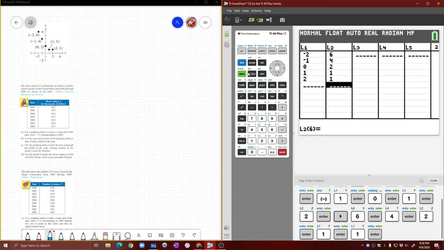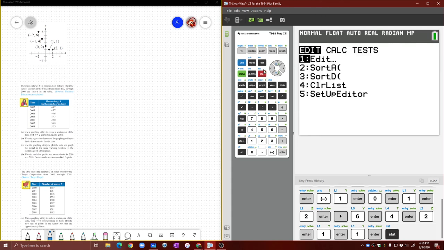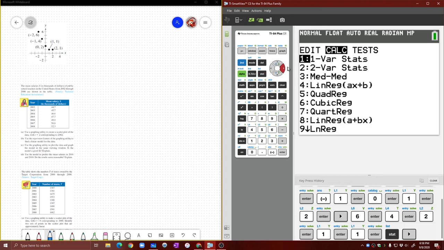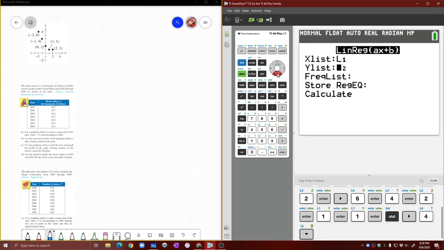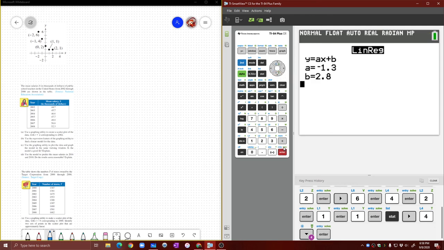So I want the line of best fit. So go to stat again, this time calc, and I want to select option number 4, linear regression. Okay, so L1 is the X values, L2 is the Y values, correct. I'm not going to graph this one, so I'm not going to worry about storing the regression equation line, and I'm just going to calculate.